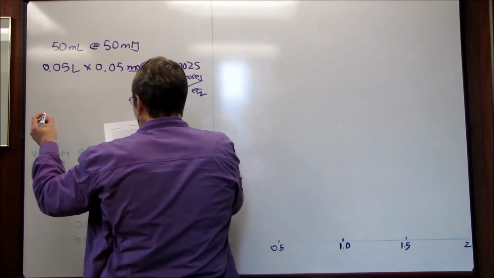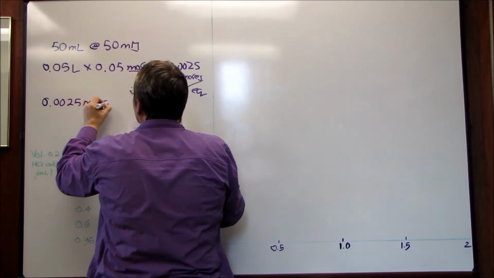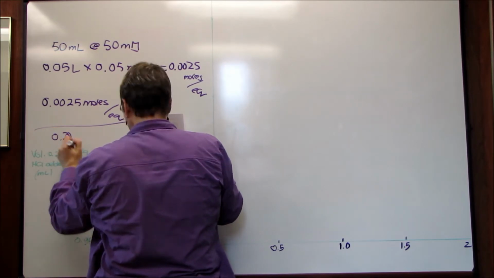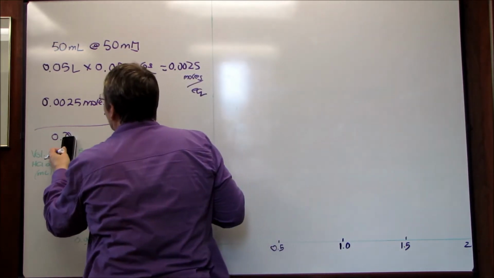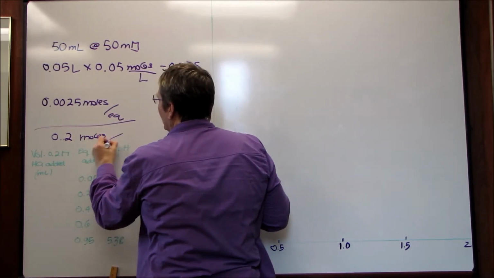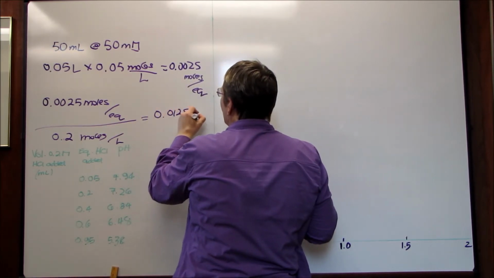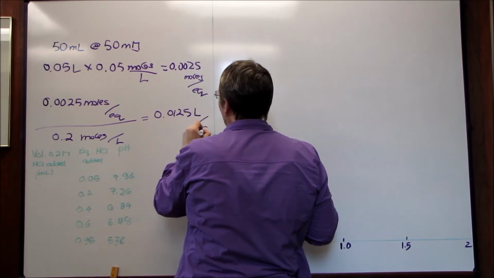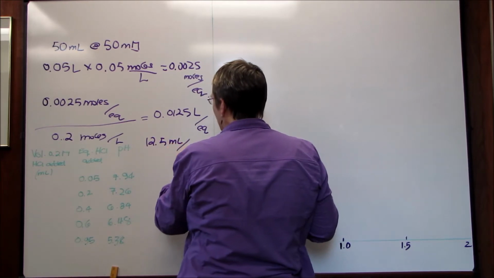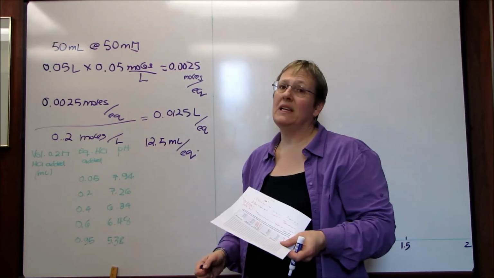So I can say, all right, if I have 0.0025 moles per equivalent, and I have a solution that is 0.2 moles per liter of strong acid, then I end up with 0.0125 liters of strong acid per equivalent, which is 12.5 milliliters per equivalent. Okay?